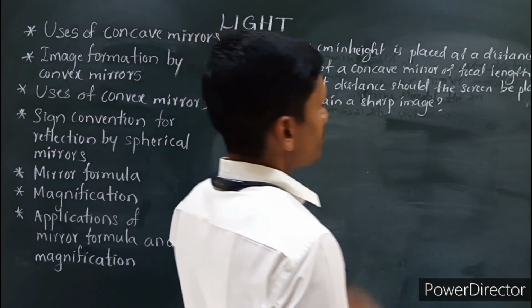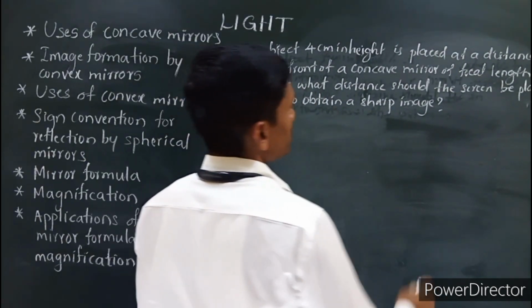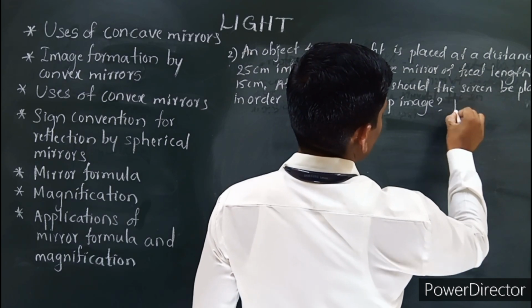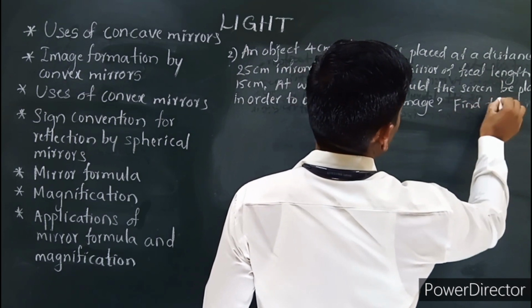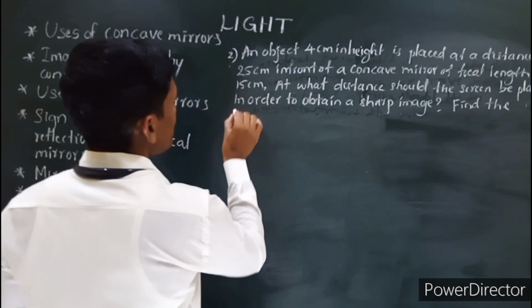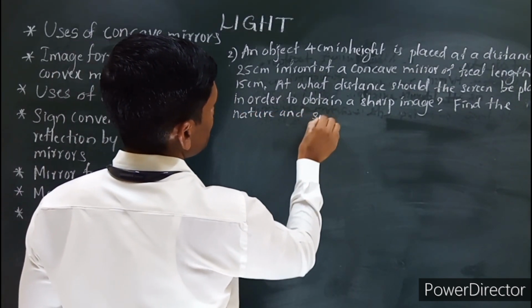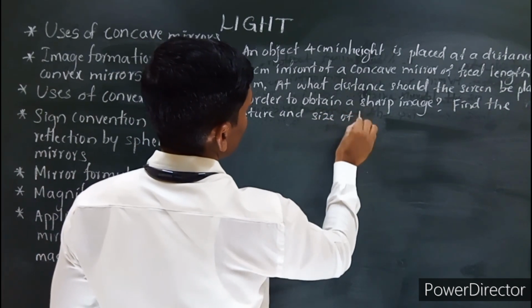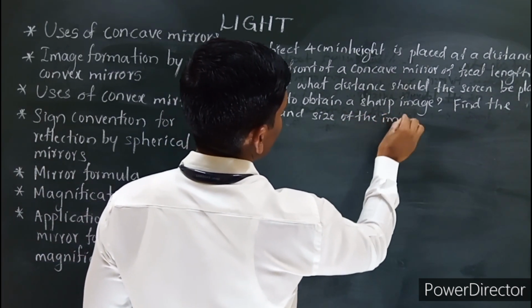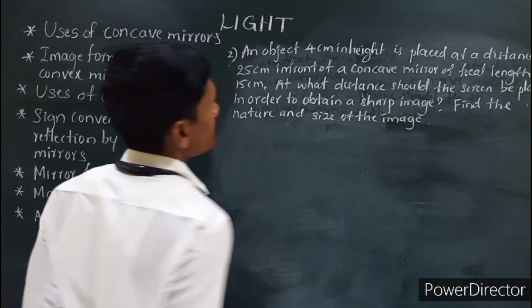This is the first part. Second part, they ask what is the nature and size. Find the nature and size of the image. This is the question, it is given already.